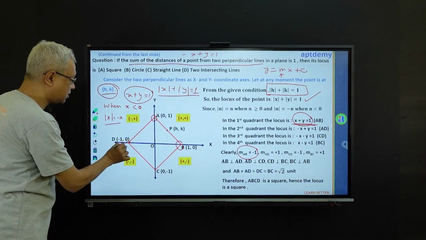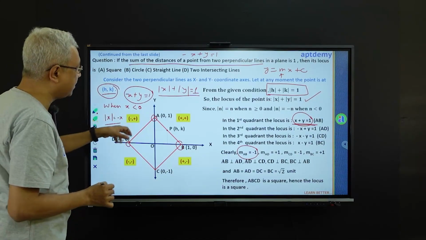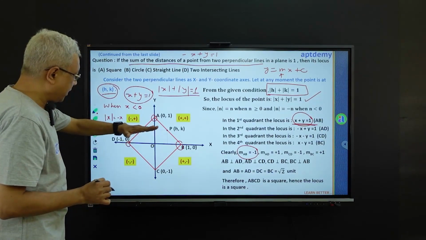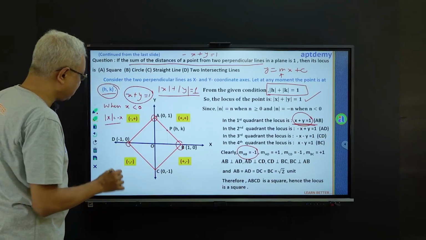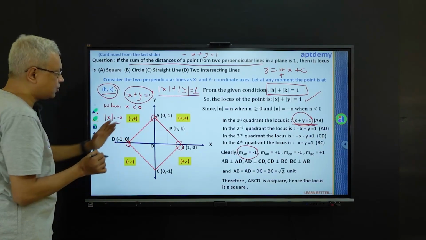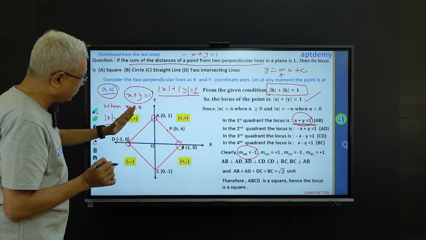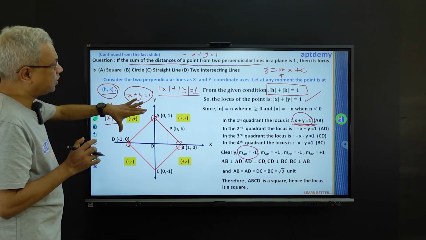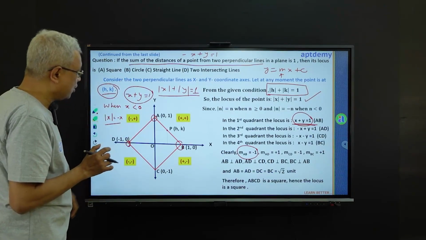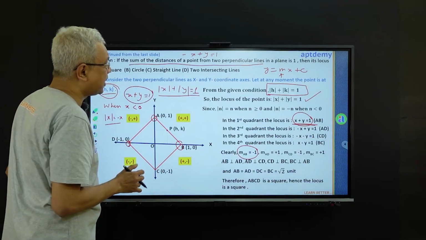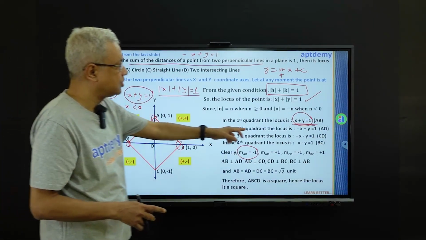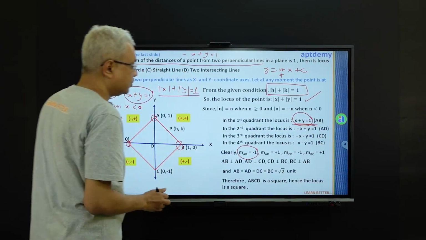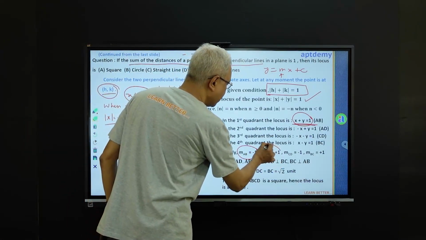So these 2 points are the points of intersection of the line with the x axis and y axis, and we should consider that part of the line confined in quadrant 2. And what is the slope of this line? The slope of this line, you see, is 1. So m is 1.